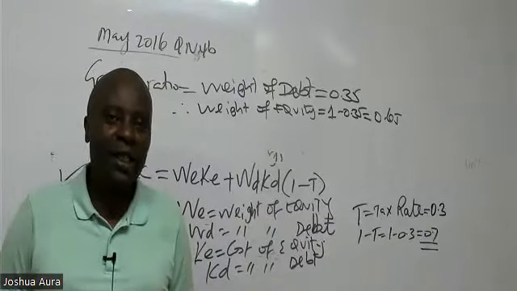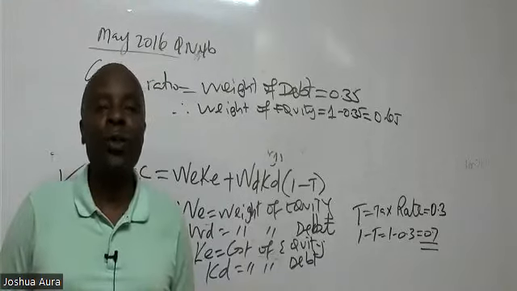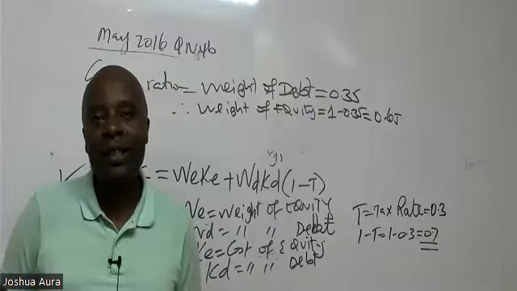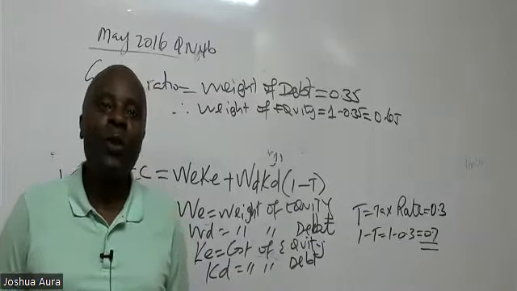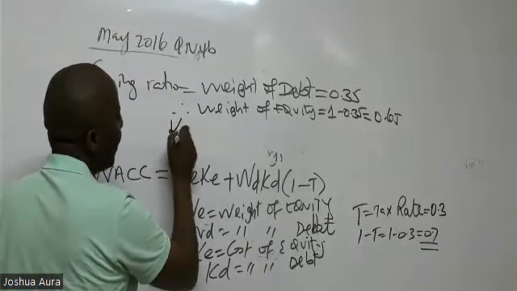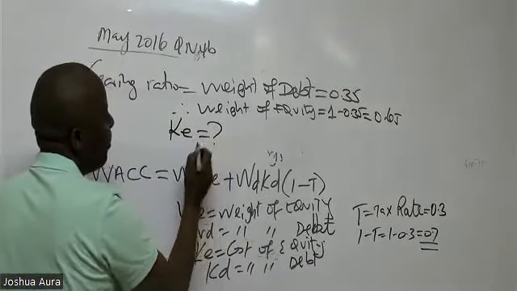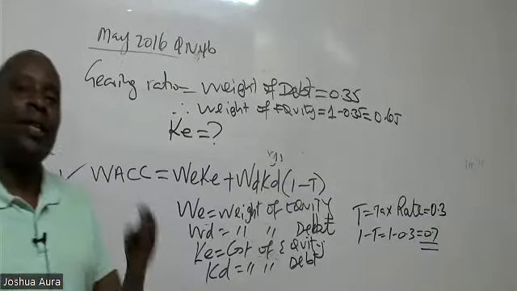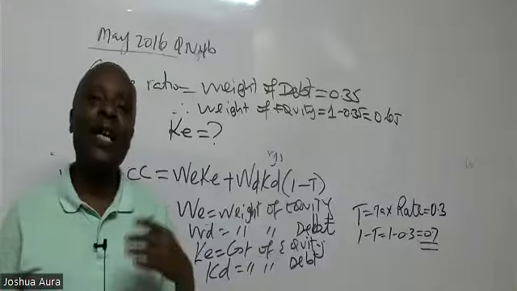If you come here thinking that it will be given to you the way it was being given to you in financial management at the intermediate level, then know that you're in trouble. For us here, we'll always hide this. This is our white card, the cost of equity. This one here will always be hidden. But it doesn't matter how they hide this.